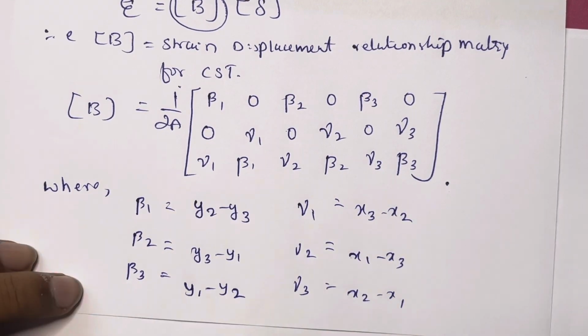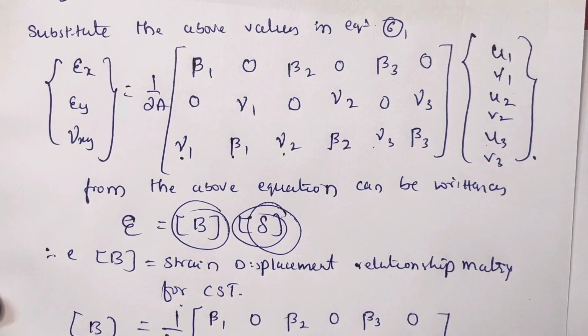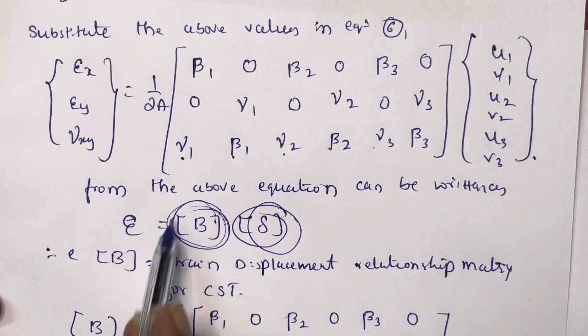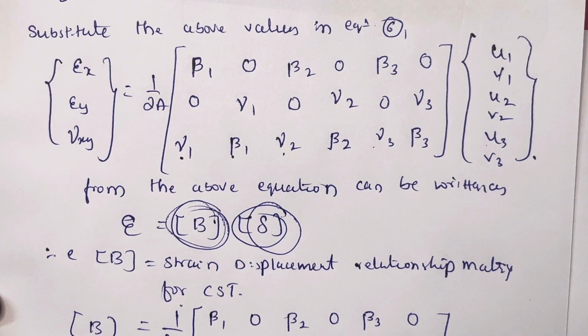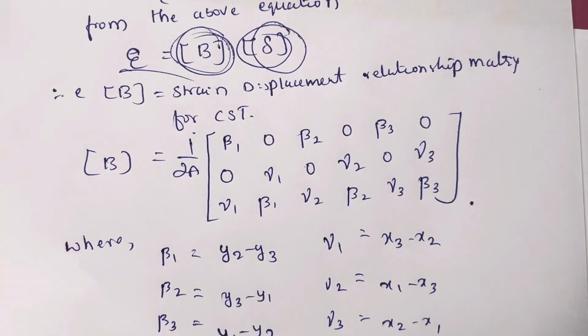These are all coordinate values, and delta indicates the nodal displacement vector, B is the strain displacement relationship matrix for CST, and this is the strain. I hope you understood. Thank you.